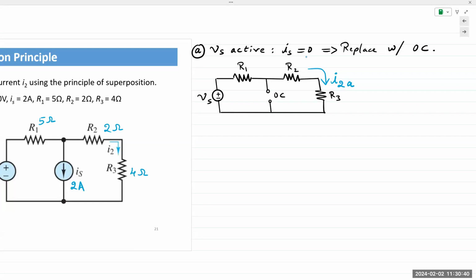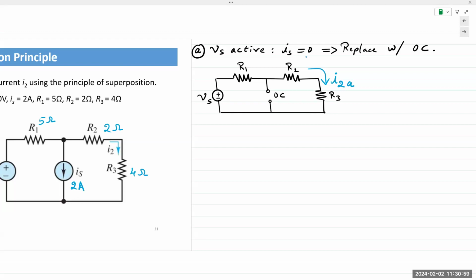And now you see the beauty of applying superposition, because it is a one-step answer. You can simply reduce R1, R2, R3 to Req, apply Ohm's law, and find the current that is flowing through that circuit.